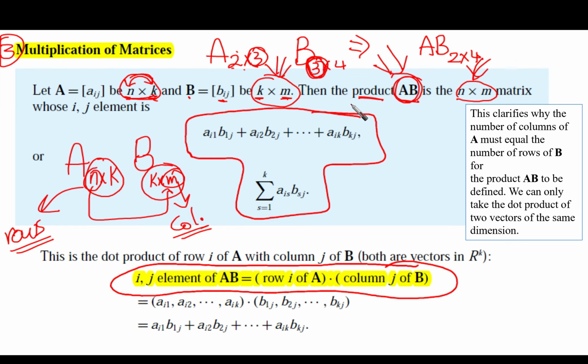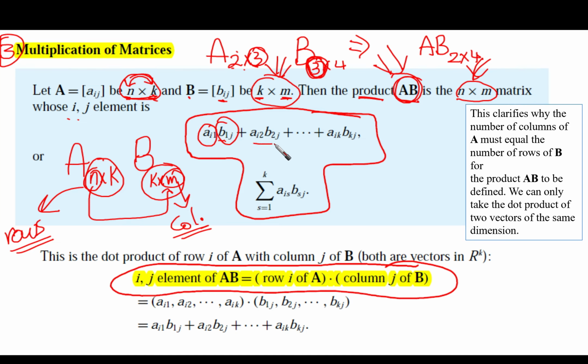Then the product AB is an n by m matrix whose i and j element is the sum of A_i1 times B_1j, and so on. So this means that i is the row of the element in the matrix A, and j is the column in the second matrix.